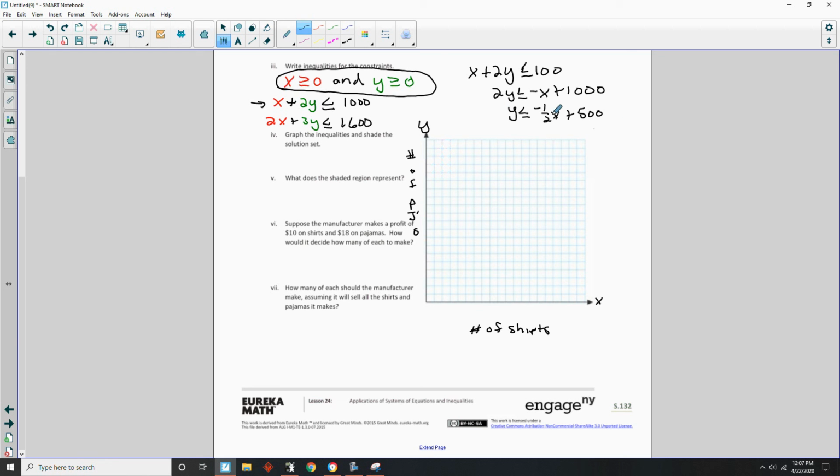So when x is 0, we're at 500. Let's call this 500 right here, and I put a dot, and let's use red for that. If I don't make any shirts, 0 shirts, I make 500 pajamas.